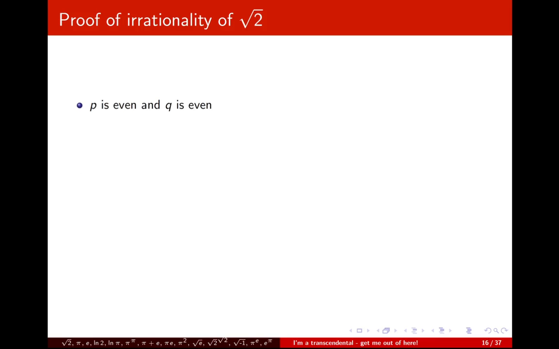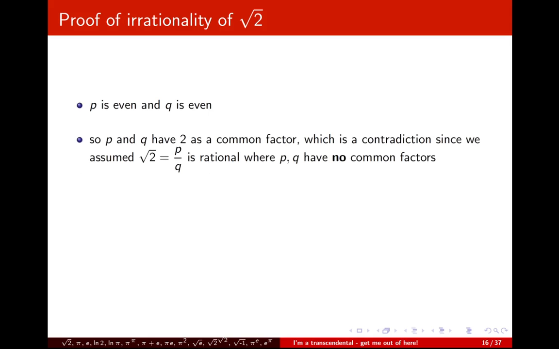But of course, if p and q are both even, they will have a common factor of 2, which is a contradiction, since we assumed that the square root of 2 was rational, p divided by q, where p and q have no common factors. In other words, we've got a contradiction and we cannot write the square root of 2 in the form of p divided by q for integers p and q. So that concludes our proof by contradiction that the square root of 2 is irrational.